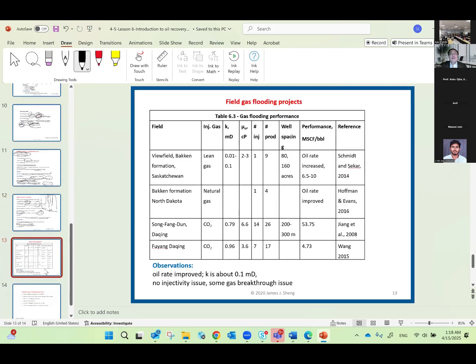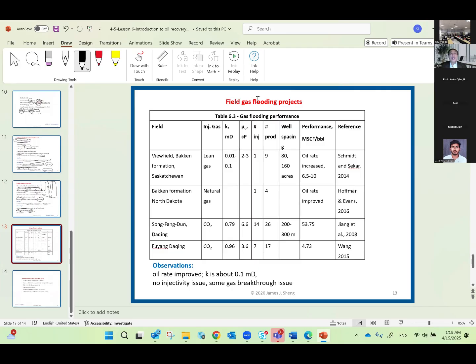So now let's look at field gas flooding performance, because in this section we talk about gas flooding, right? Here's a different field, and we had a performance where oil rate increased, oil rate improved, using lean gas, natural gas, CO2, okay? And here the permeability is like 0.1, 0.79, 0.96.